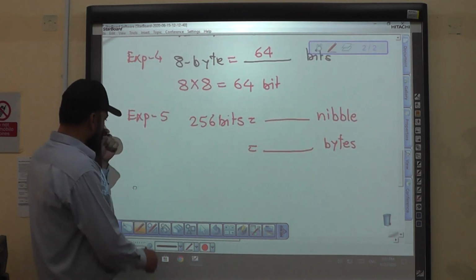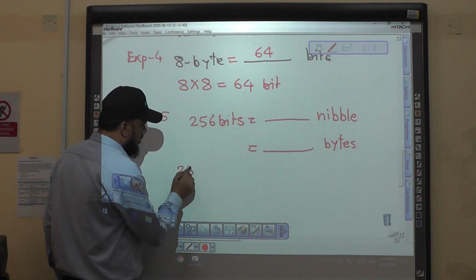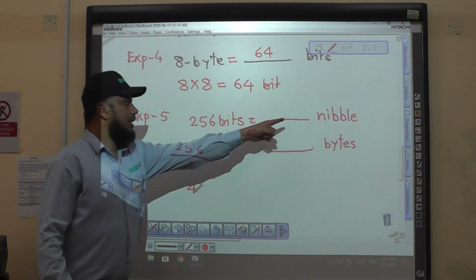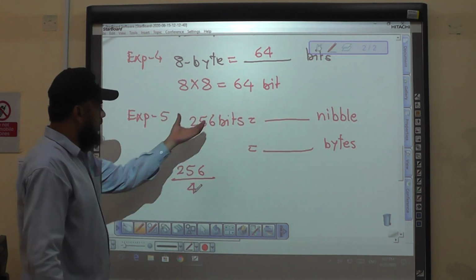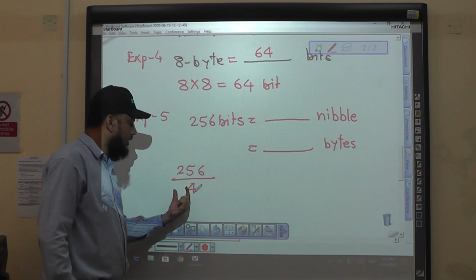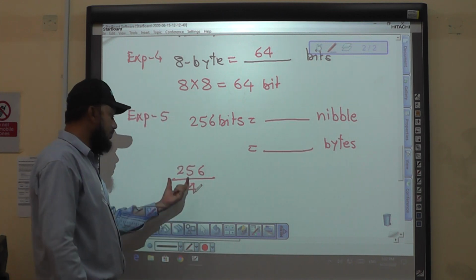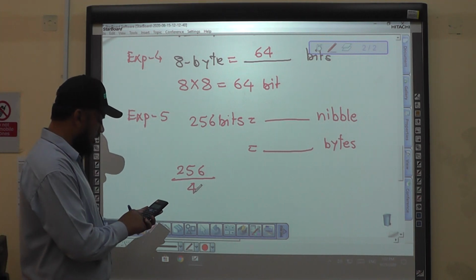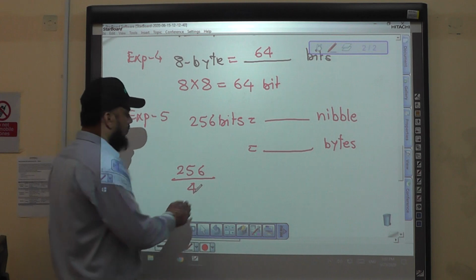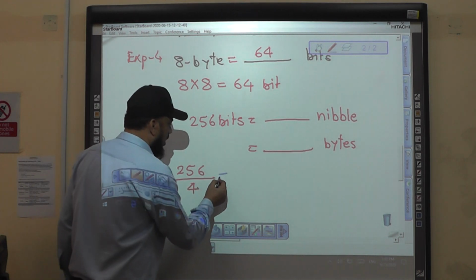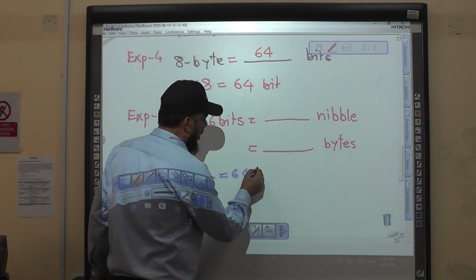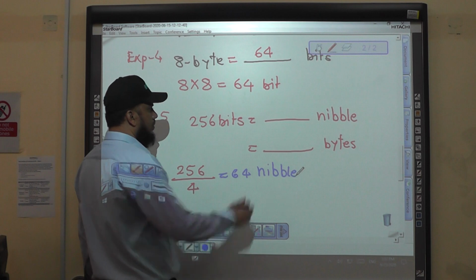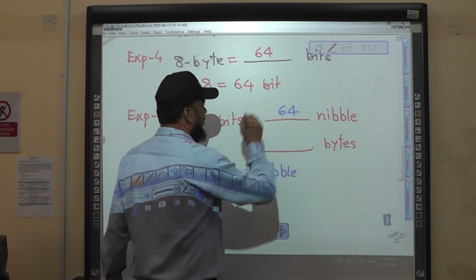For that case, you have to divide 256 by 4 for nibbles, as we know that a group of 4 digits is equal to 1 nibble. If you divide 256 by 4, the answer will be 64 nibbles.